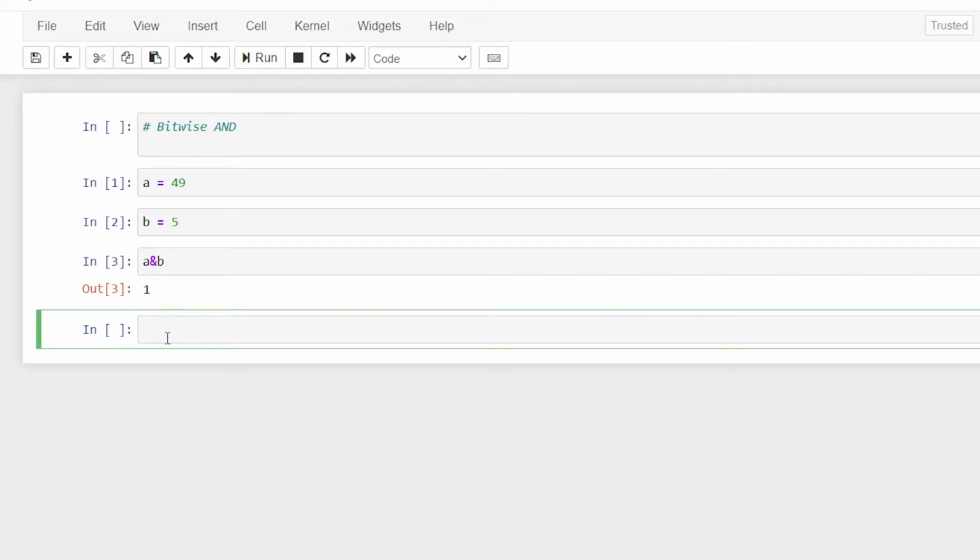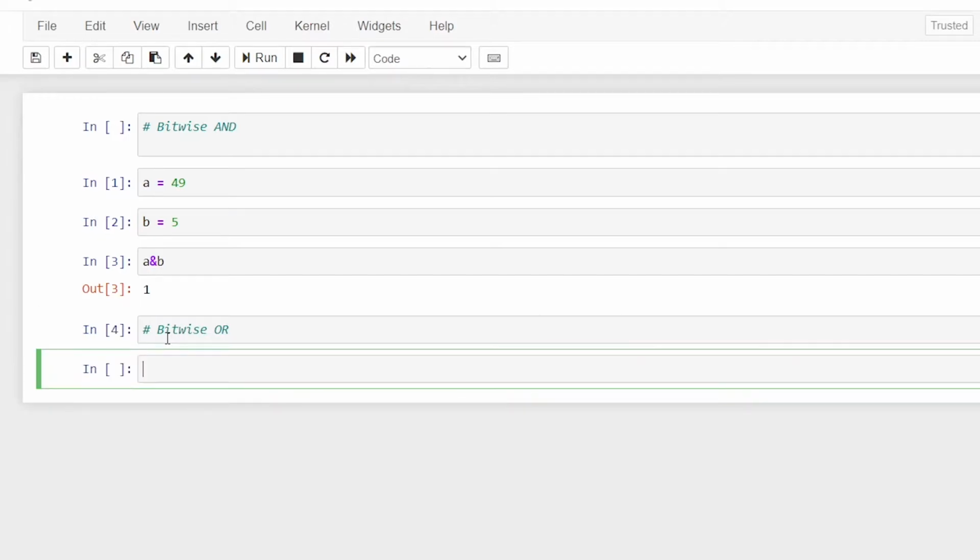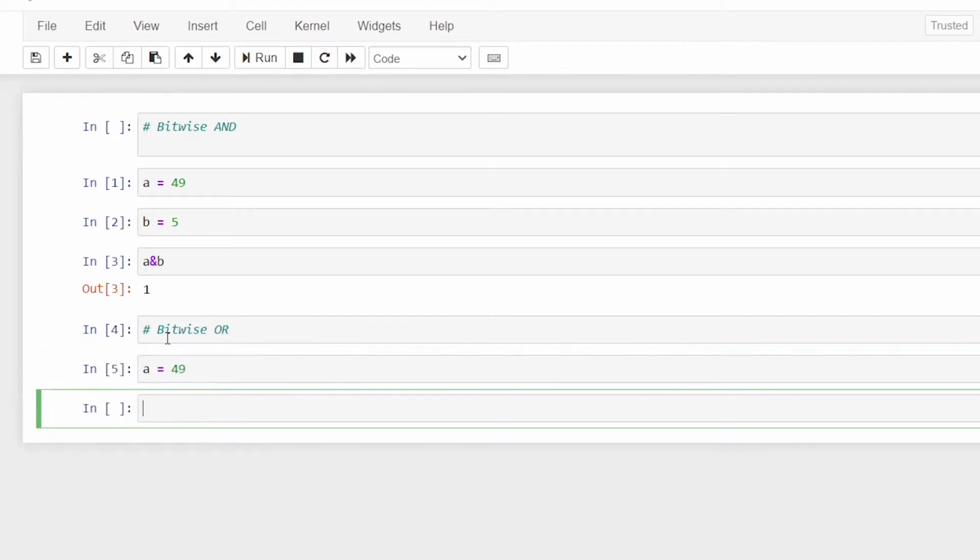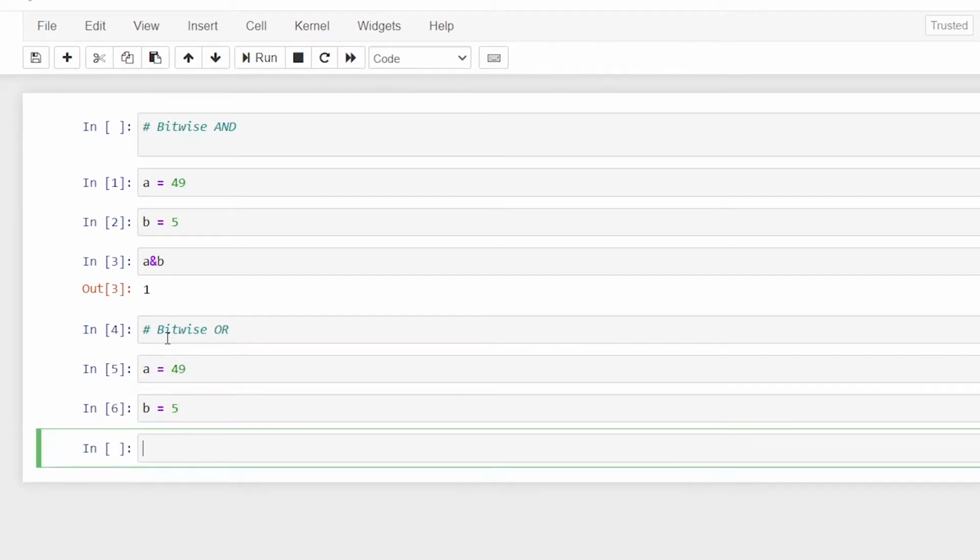Next we are going to see the OR operator. We're going to take the same set of values for a and b.